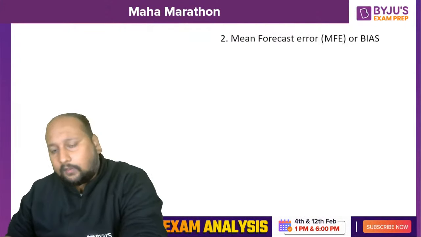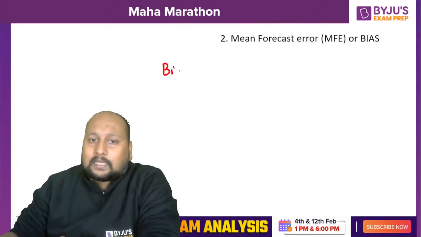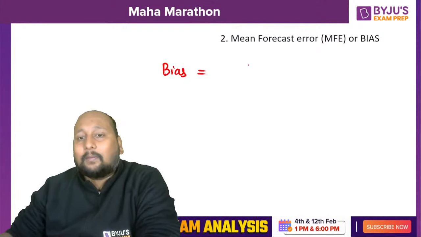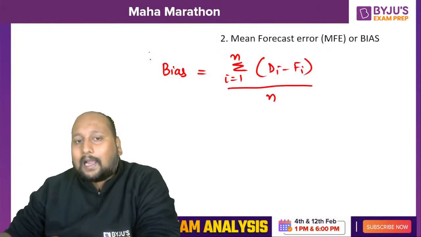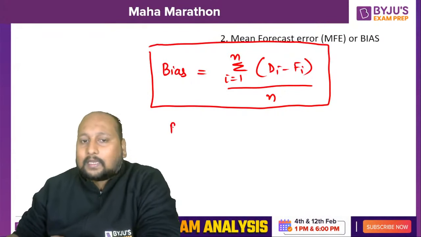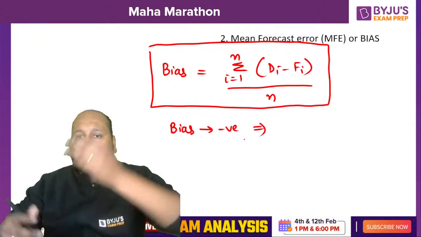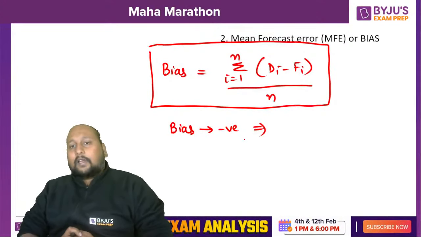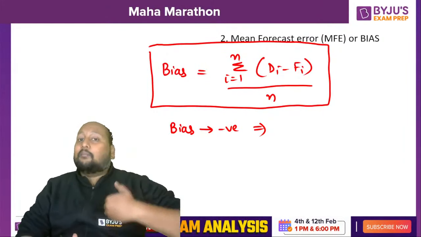Okay, fine. The second one is mean forecast error, or bias. Bias has almost the same formulation, but here I'll be calculating the exact value, that is, di minus fi divided by n. So here I'll be including the negative values also. If the bias is negative, can you tell me what that means? If the error value on average is coming out negative, that means I am always forecasting more than the demand.